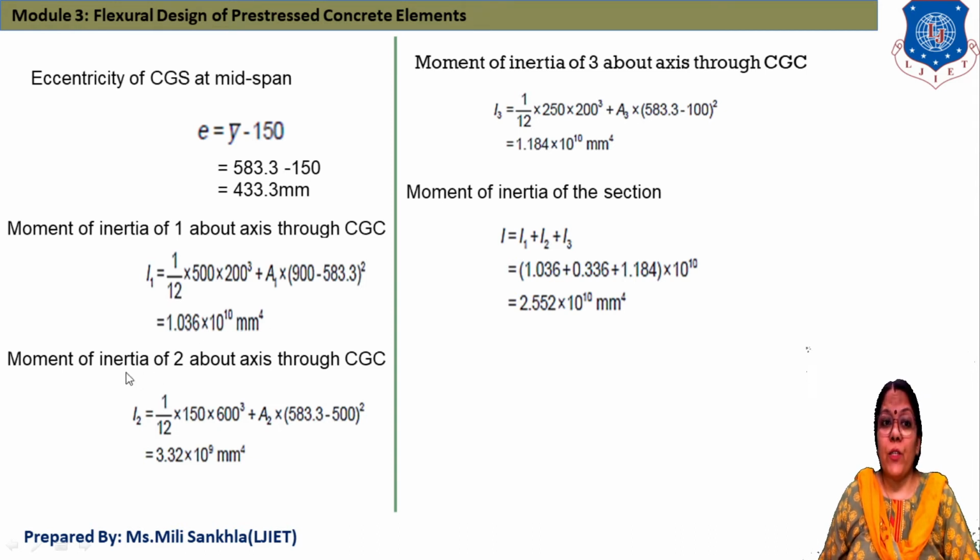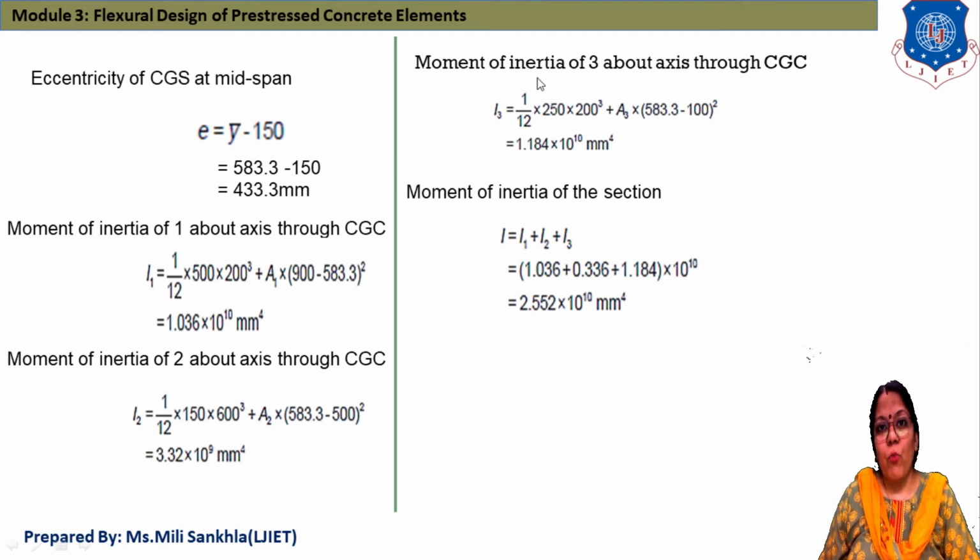Then moment of inertia of part 2 about CGC is equal to I2, Ig plus A h square, where Ig is equal to BD cube by 12, plus A2 into Y bar minus Y2 square, since Y bar is greater. The answer is equal to 3.32 into 10 raised to 9 mm raised to 4.